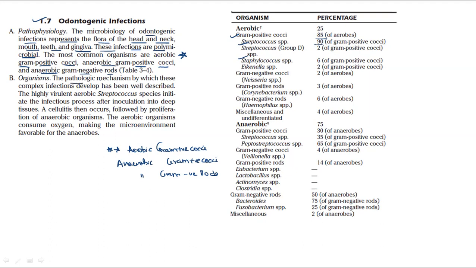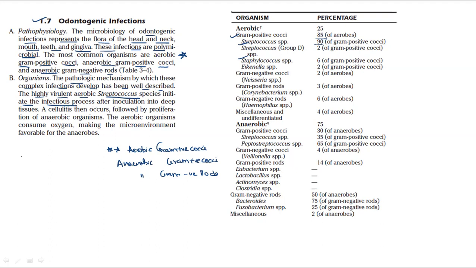The pathologic mechanism by which these complex infections develop has been well described. The highly virulent aerobic streptococcus species initiate the infectious process after inoculation into deep tissues. Now, there are a lot of microorganisms in our mouth, but we don't get diseases, right?